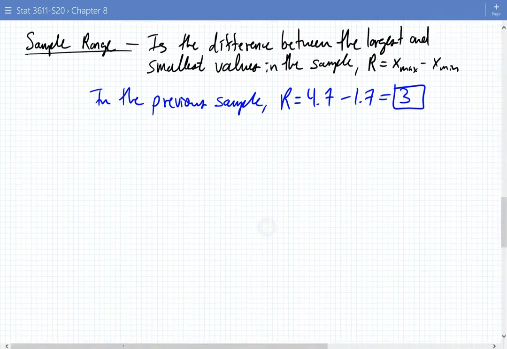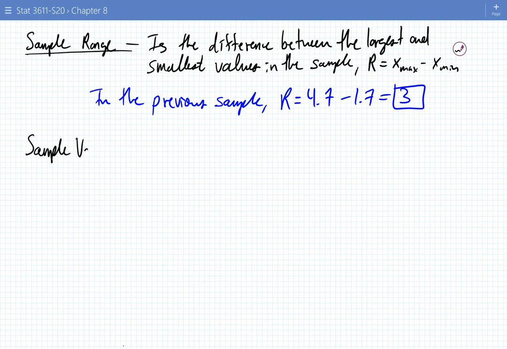Sample variance. Sample variance is denoted S squared. This is very similar to the notation for the population variance, which is sigma squared.